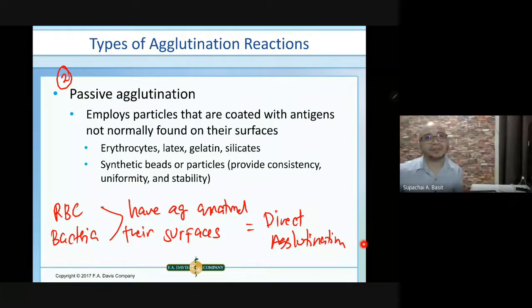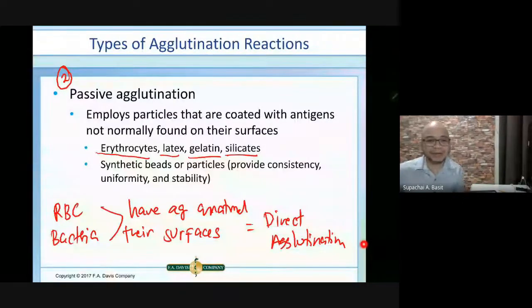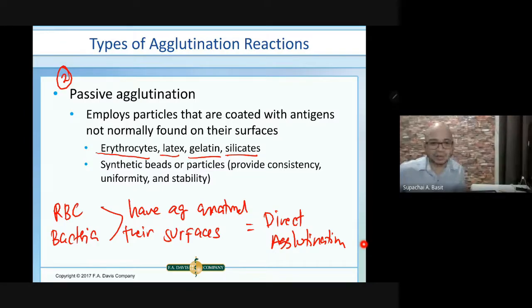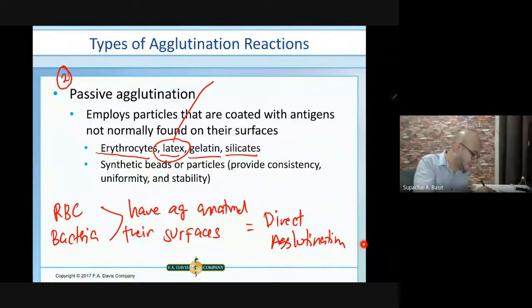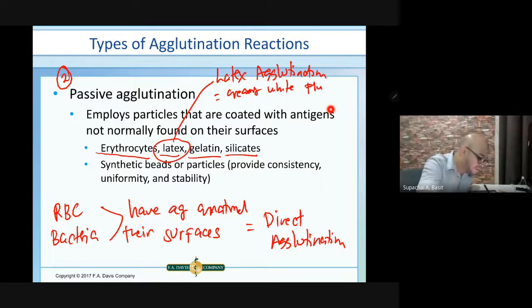The possible particles that we will be using are the erythrocytes, latex, gelatin, and silicates. For those of you who will be doing limited face-to-face, the majority of the agglutination reactions that you will be doing in the laboratory are latex agglutination. You would notice that it is latex because you'll be able to see a creamy white fluid.